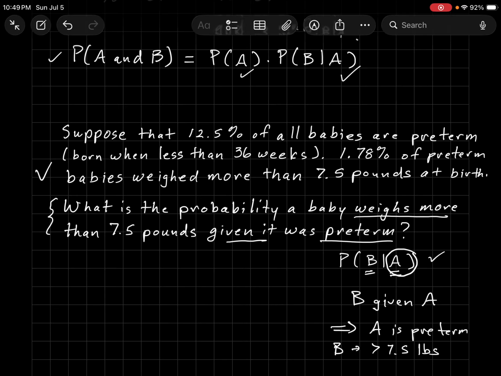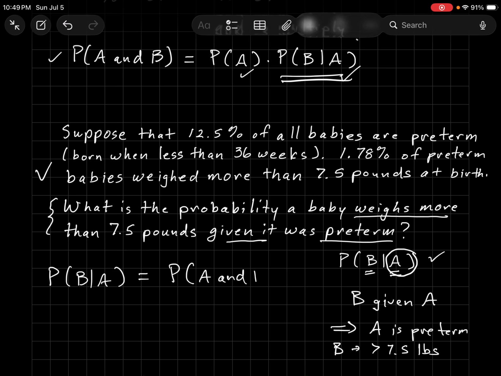Okay, so how do I set up this thing in my equation over here? First of all, do you agree that I'm trying to find this? I mean, that's what I asked for, right? So I could rewrite this equation in the following way. I could simply take my P of A and B, the left side, although I've moved it to the right now, and divide it by the probability of A, and that gives us what I want.